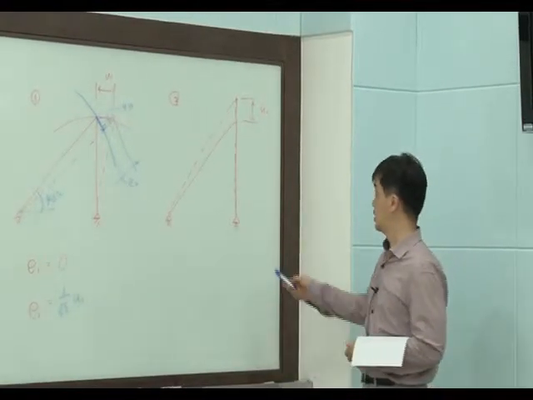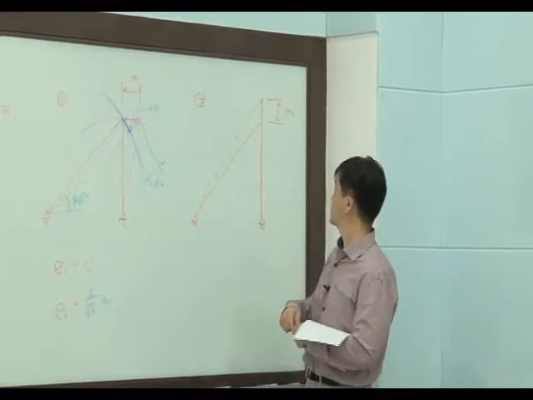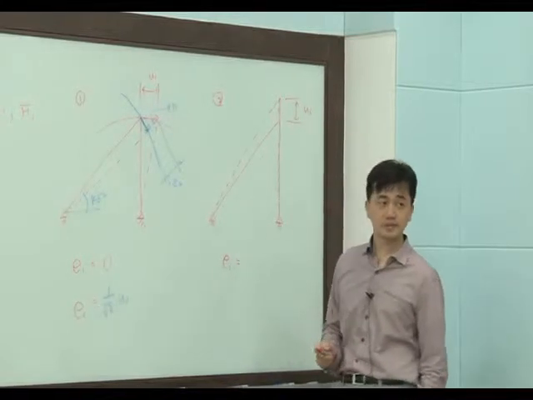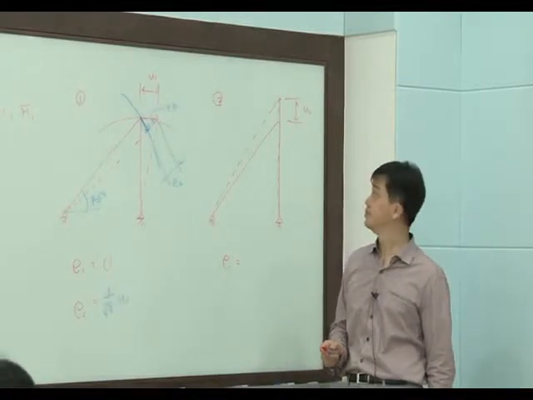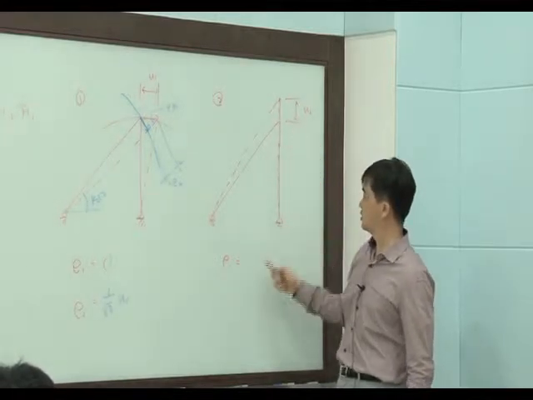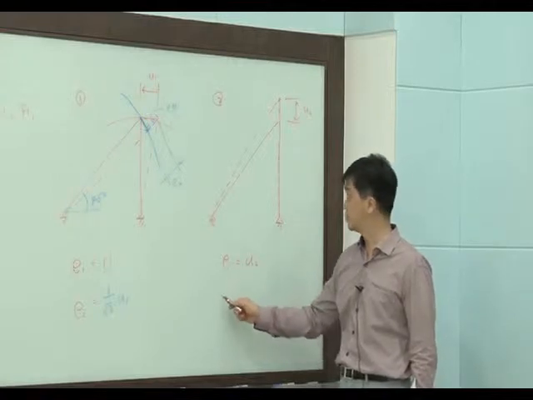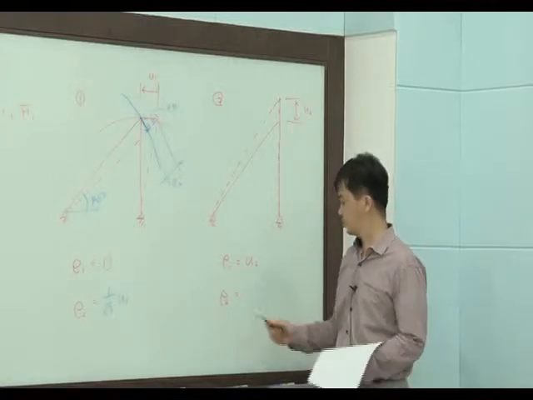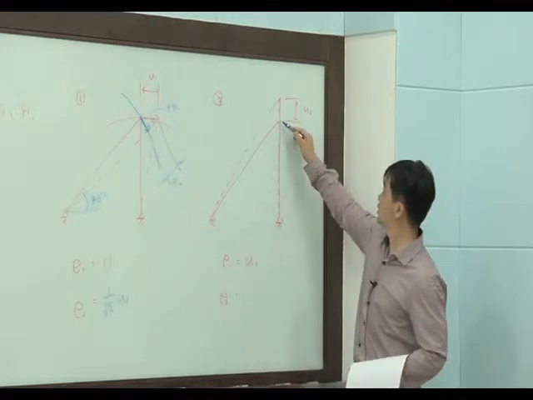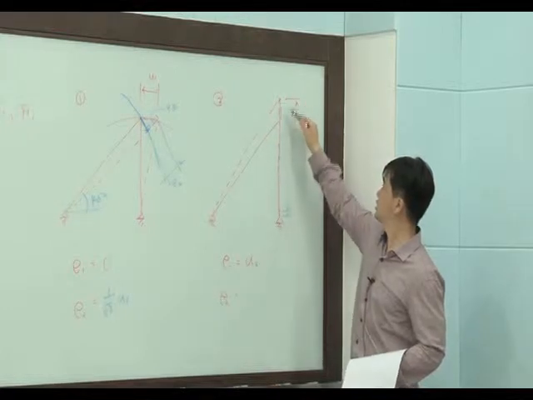Okay. How about the second case? Second case, how about E1? E1 is the stretch of this member, same as U2, right? How about E2? Originally, the length of E1 was like this, and it's stretched.